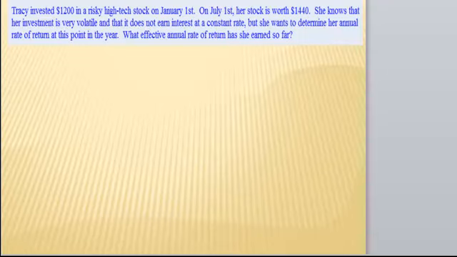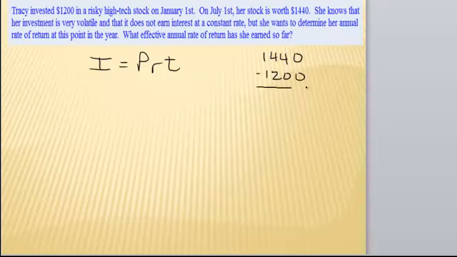Okay, so for this problem, we're going to use a very simple interest formula called I equals PRT. Interest equals principal times rate times time. Well, she earned interest. This is what her stock is worth now. This is what she paid for it. So she actually earned $240 in interest.